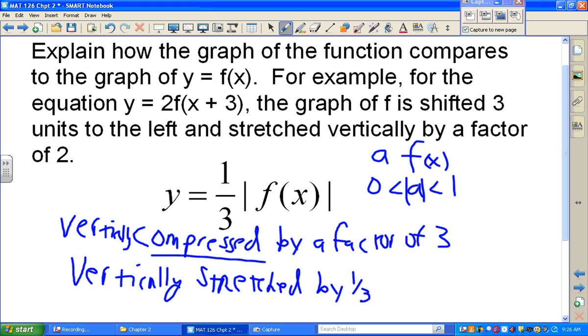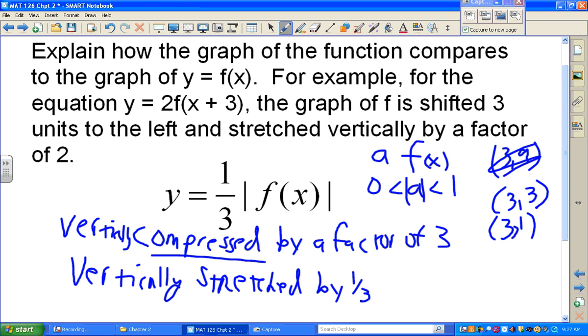If you had a y coordinate of, say, 3, 9, on this graph, well, on this graph, you would have 3, 3. And if you took 1/3 of it, the new point would be 3, 1, right? And you're multiplying the y coordinate by 1/3. So far, so good?